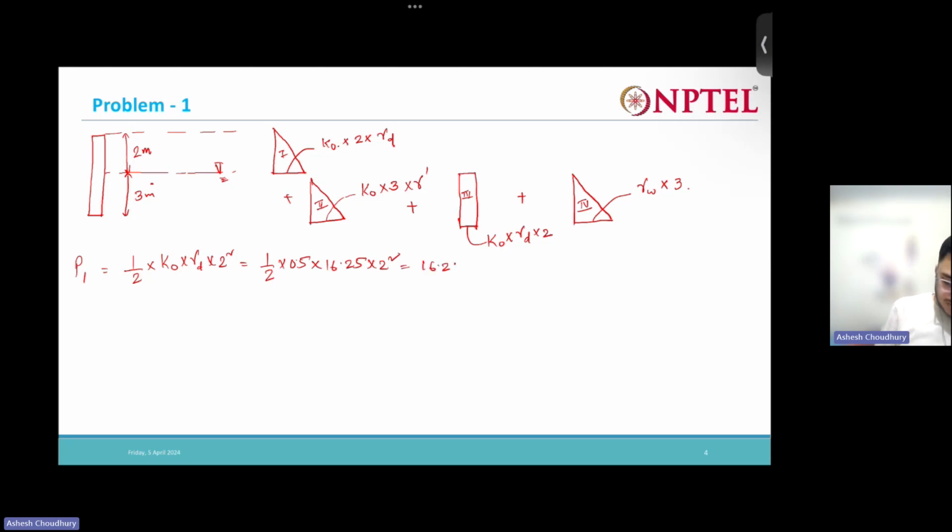This will be 16.5. P2, same. How much? Right? 2 into 3 because this height is 3.